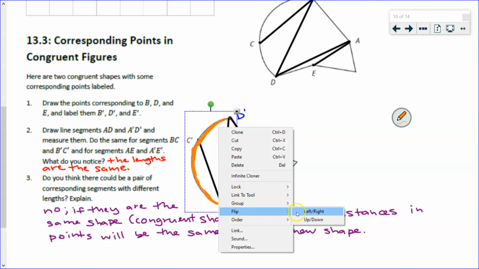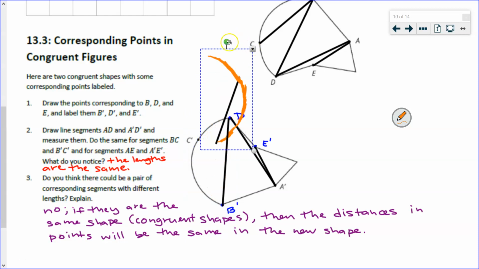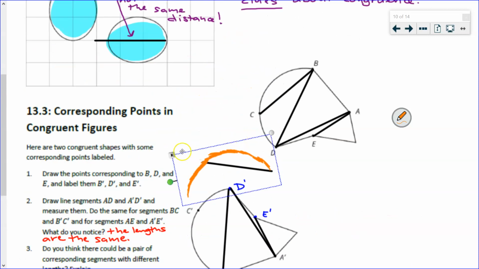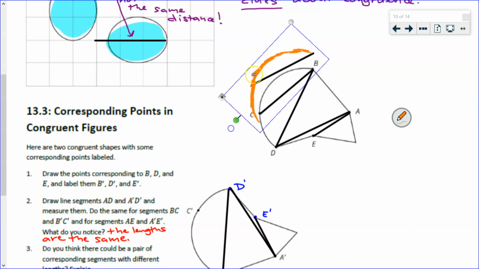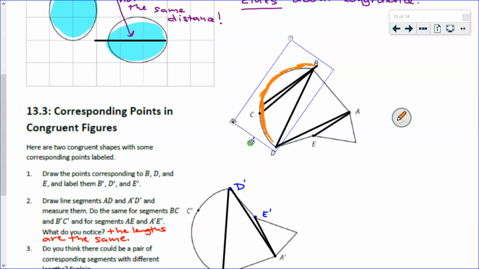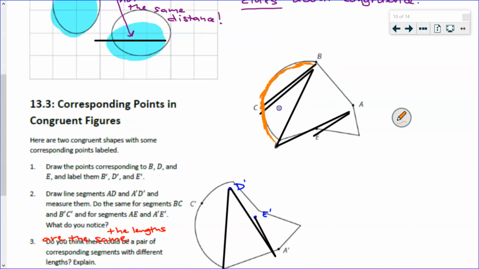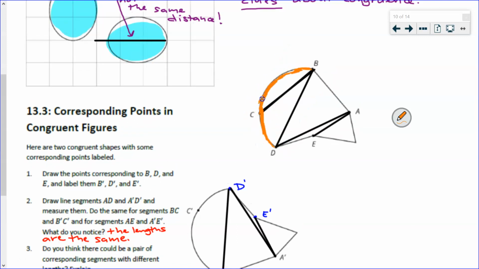So flip, we'll go left, right, and then I'll rotate it into position. Notice that I'm not changing the size, I'm just moving that tracing paper, so is anything going to be changing in size or in that distance? No, it's pretty intuitive when you actually think about it. I've already physically done it on the tracing paper and I'm just moving the tracing paper. So it really does make sense.